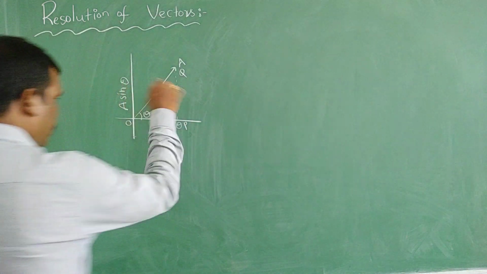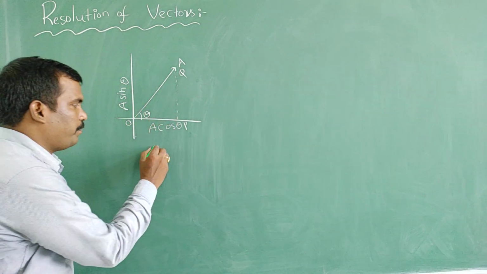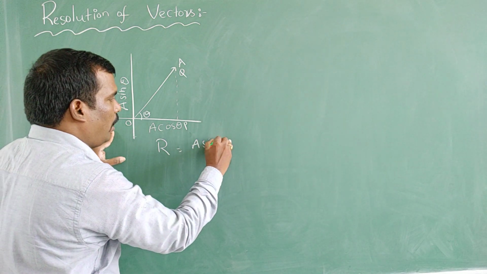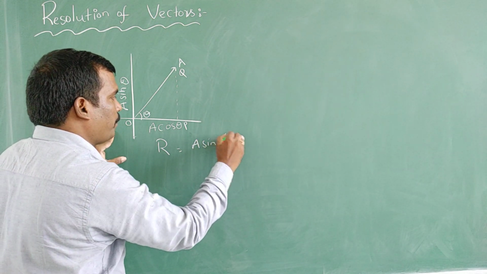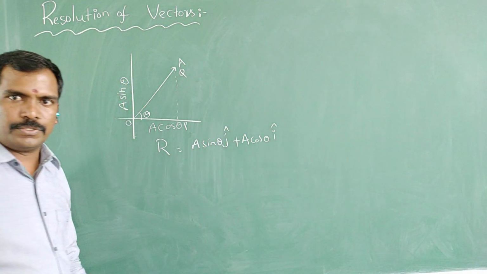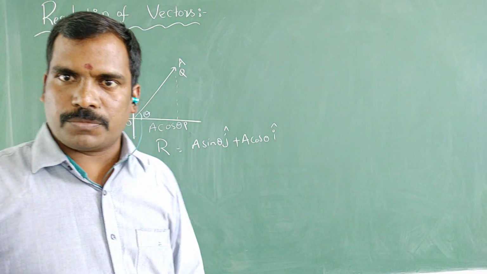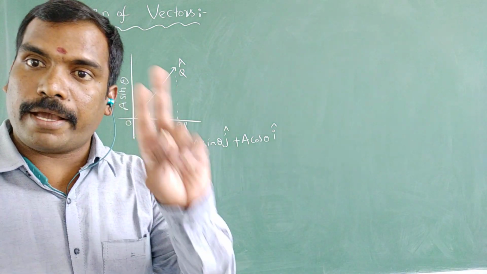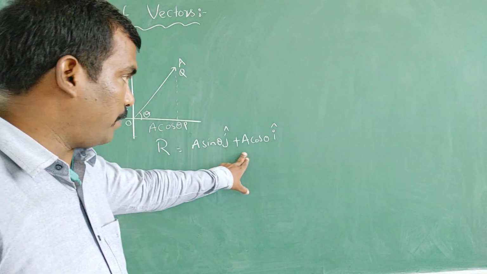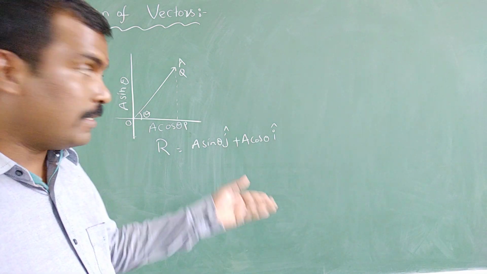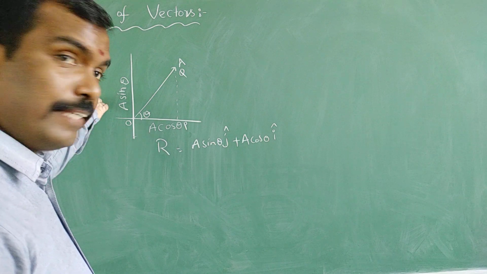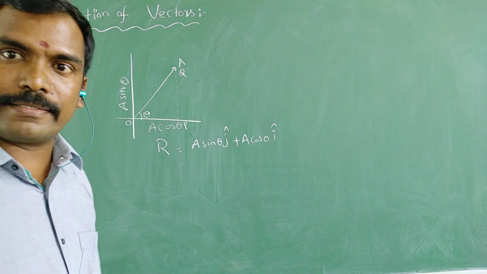Now I want to write the resolution of the vector. The resultant is A cos theta i plus A sin theta j. A is a vector, and I wrote it in two components, A cos theta along the x-axis, so I took i, and A sin theta along the y-axis, so I took j.